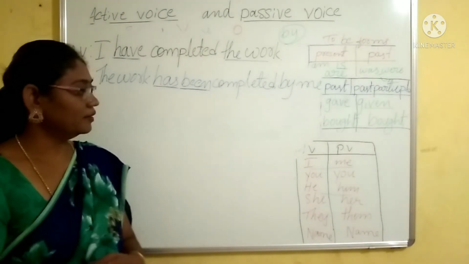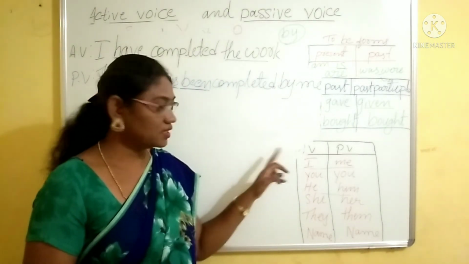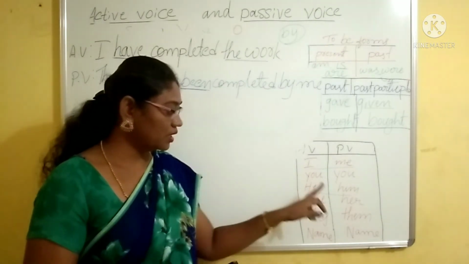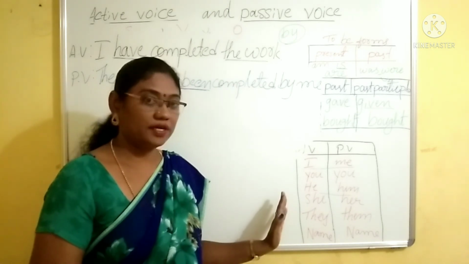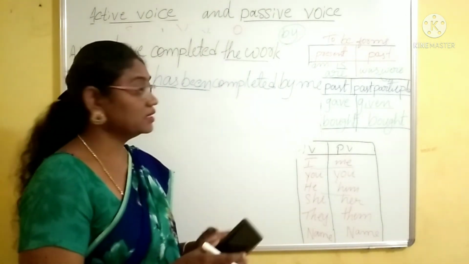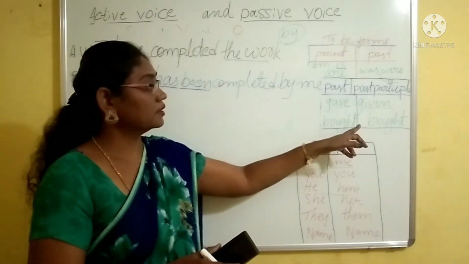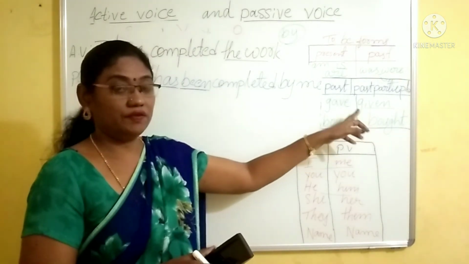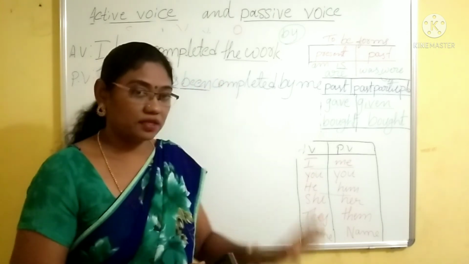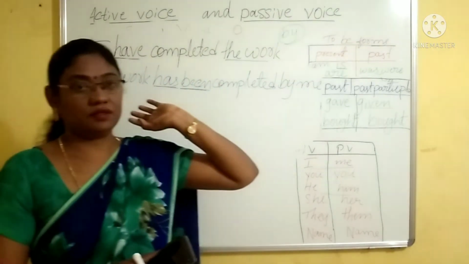These are very important things. When we change sentences into passive voice, I will become me, you, he, him. This is most important, and it is very helpful to students while changing into passive voice. And when we talk about passive voice, we have to use only the past participle. That's it. And these are the to be forms.